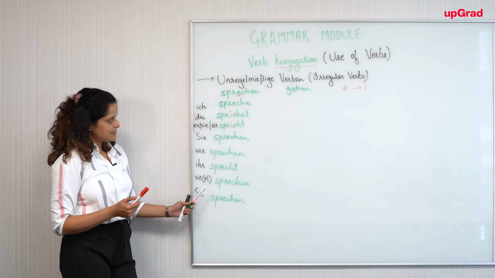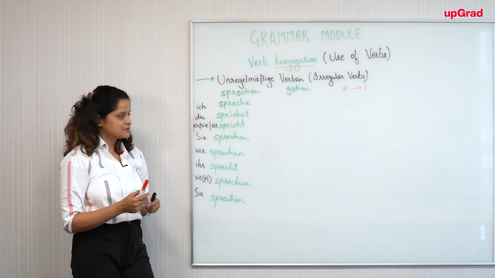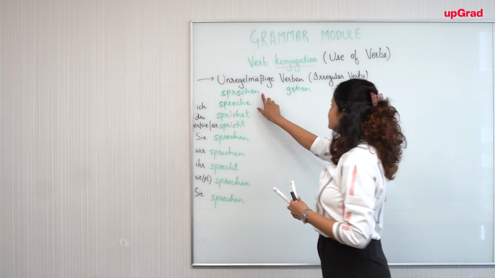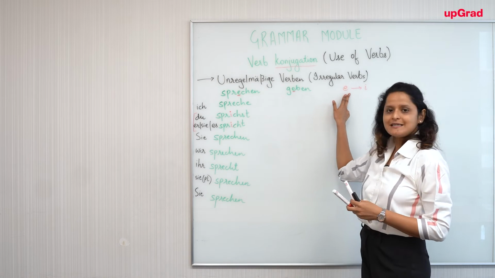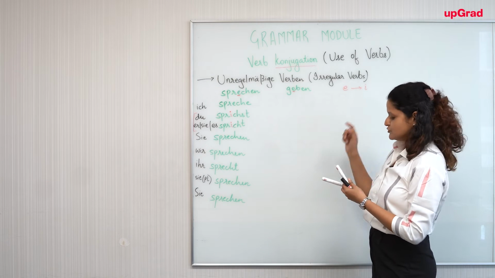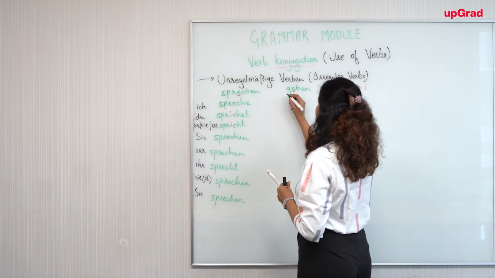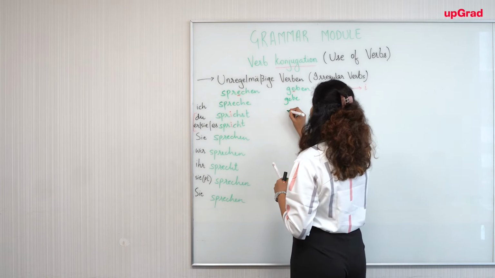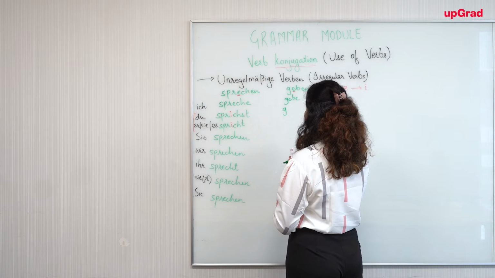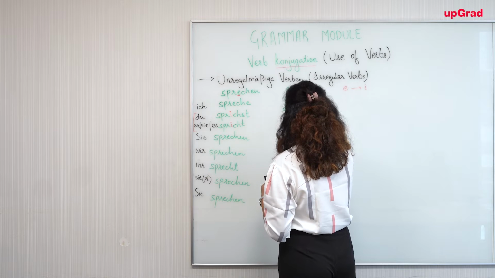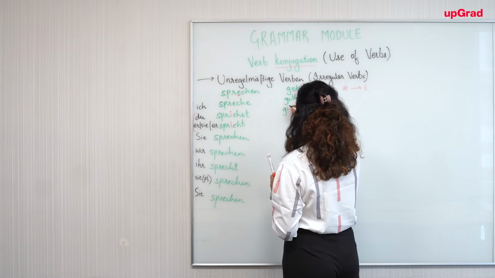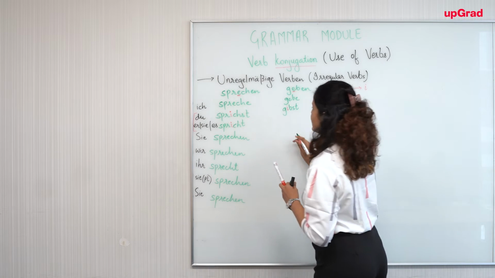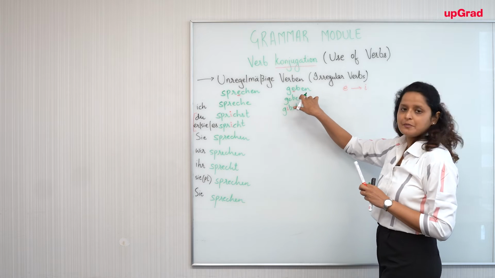Now, in a similar manner, we will conjugate the next verb, that is geben. So, these two verbs fall in the same category where E changes to I. So, we start with ich gebe, du becomes du gibst. Wherever you have E, that will change to I. So, the position of the E in the verb may vary.